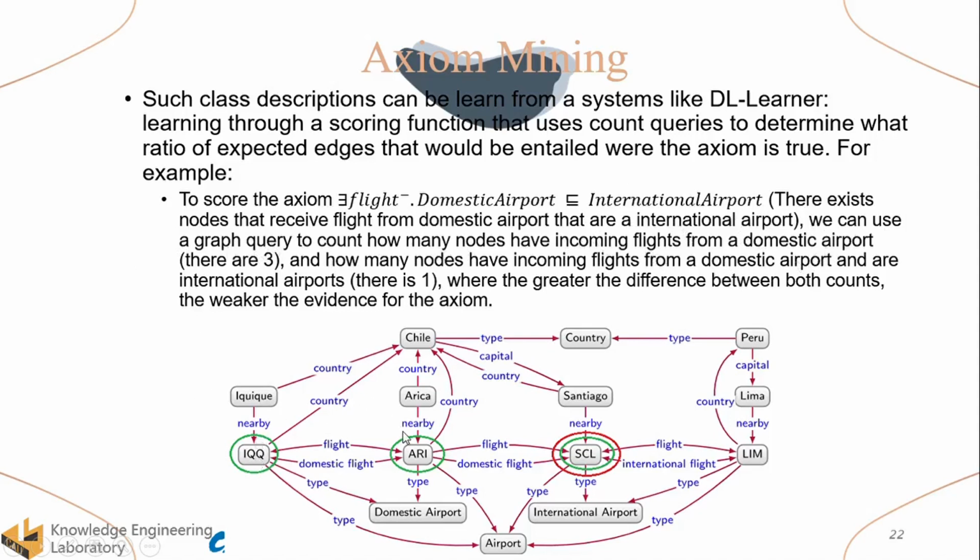As we can see in this example graph, there are three of them. Then we count how many of those nodes are international airports, and there is only one node right here, the SCL node, which has the type international airport. The greater the difference between these two counts, the weaker the evidence for the axiom. So in this example, the axiom has an accuracy of 1/3.